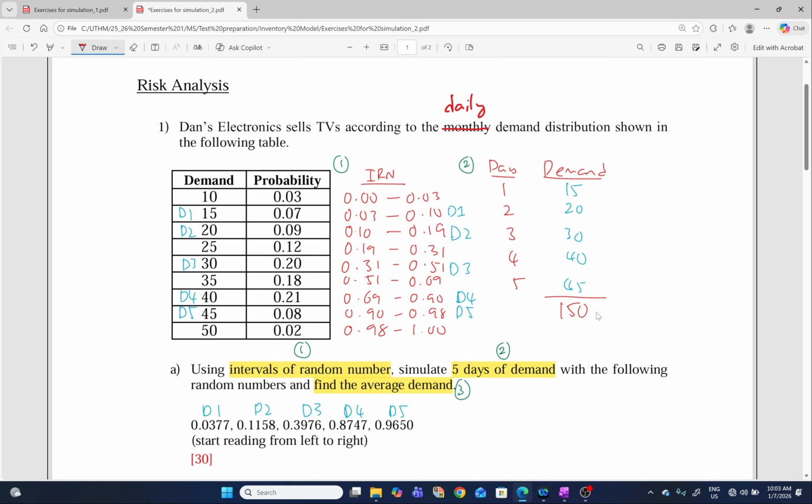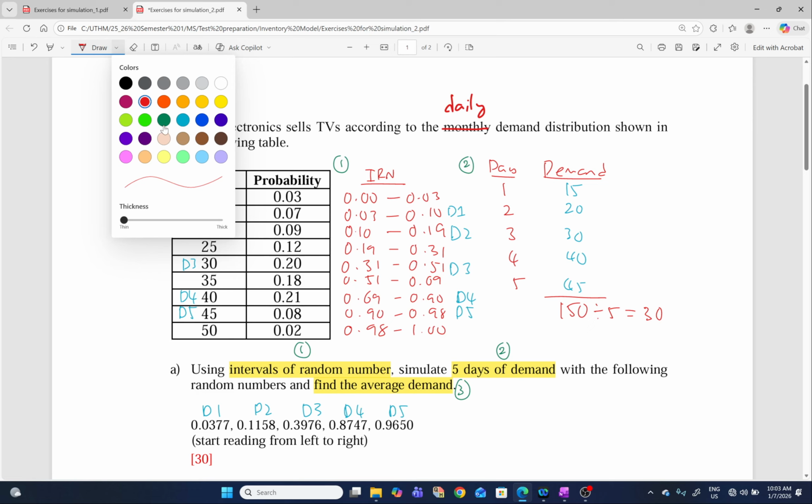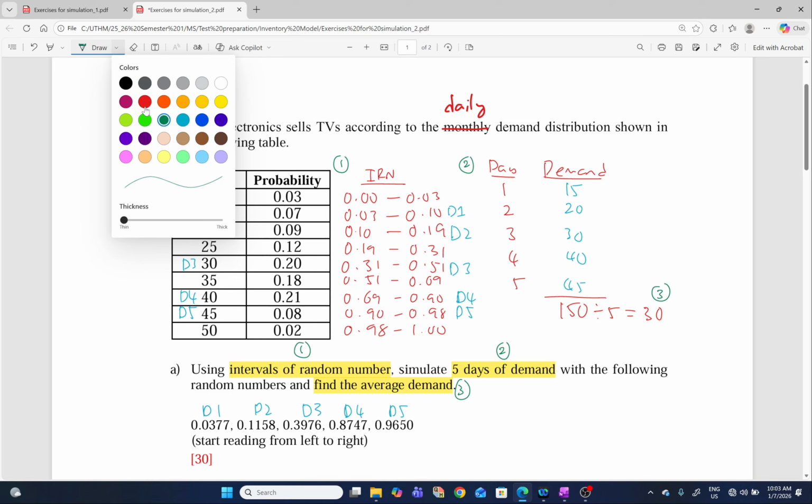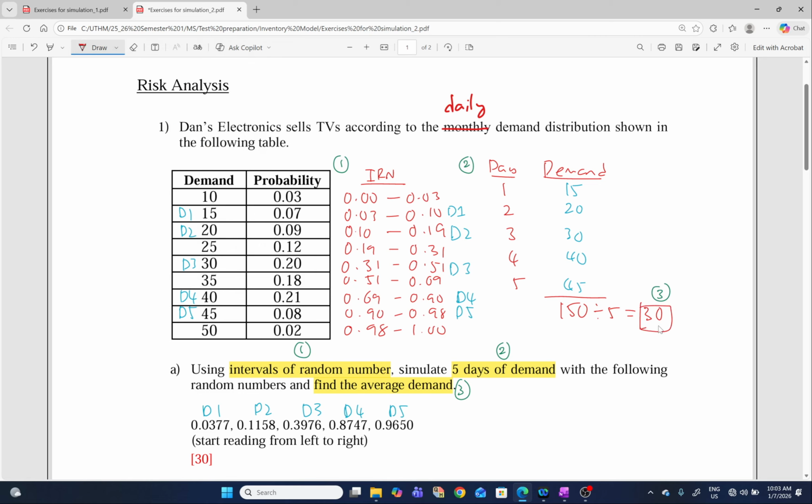Average demand, you divide by 5, because 5 days, you will get 30. That is the average demand. This is number 3. This would be your final answer, and the answer is already given here, finally.